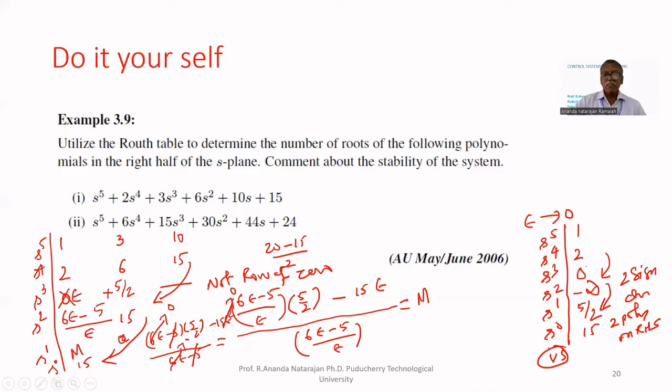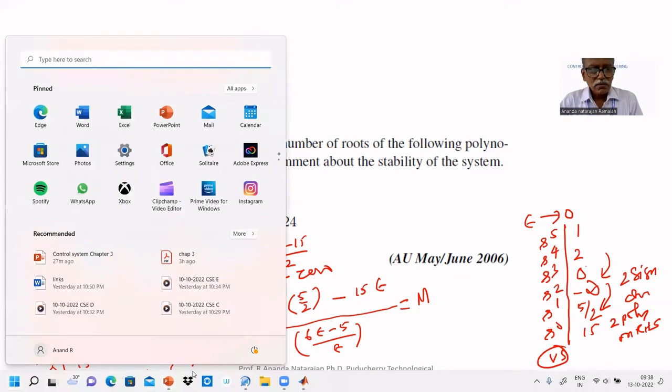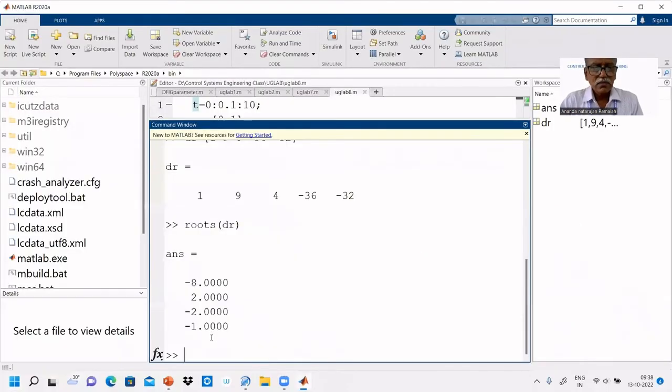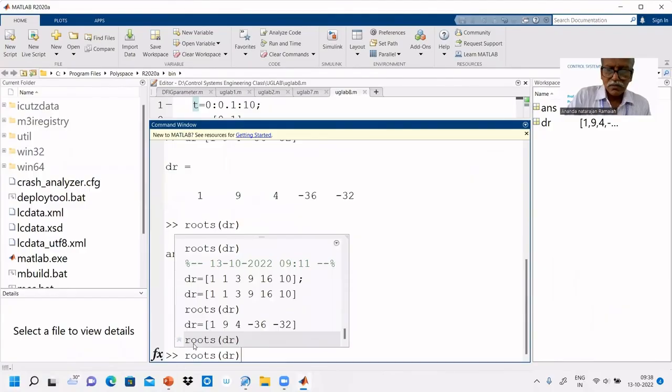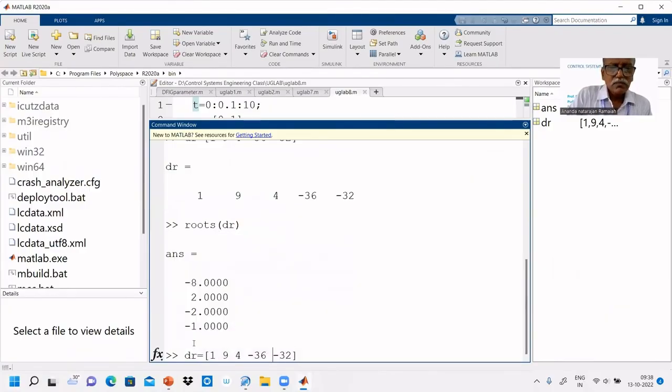But let us check here. How many poles on the right hand side? Tell me the coefficients: 1, 2, 3, 6, 10, 15.